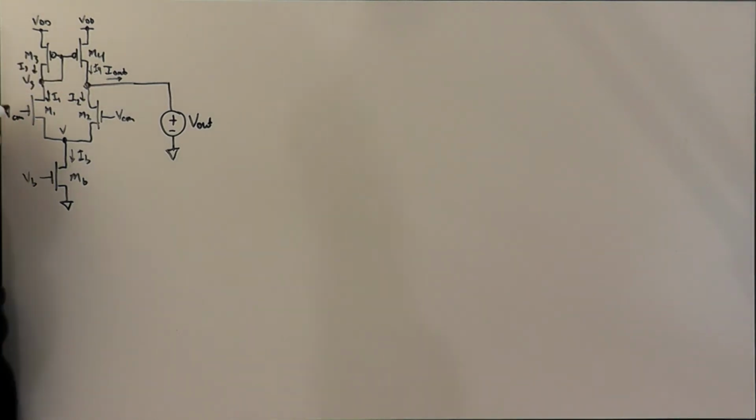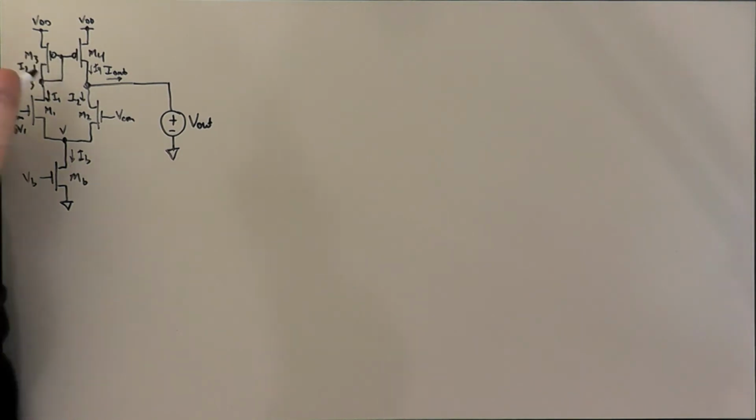But if we were to put in, let's say, a delta V1 into the V1 side, well, that would steer a little bit more of the bias current over toward the I1 side. So I1 would be over IB over 2, I2 would be less than IB over 2. And so we would have our delta I1, if you like.